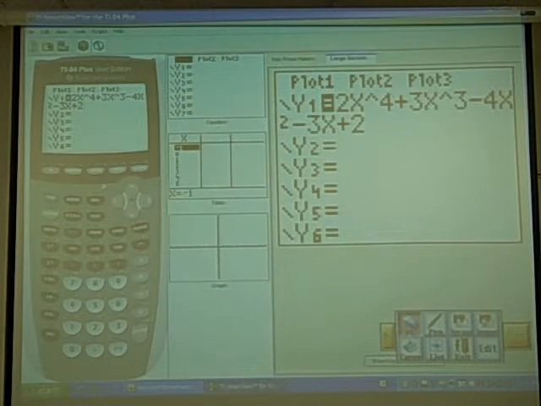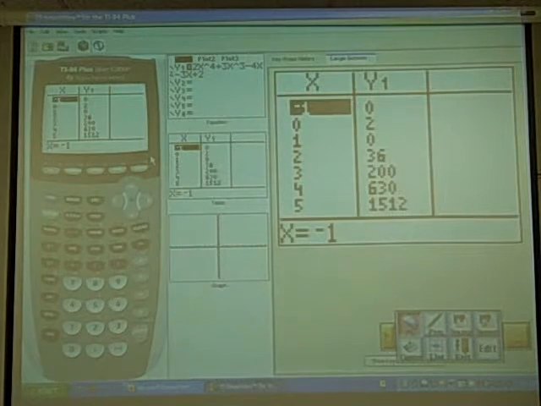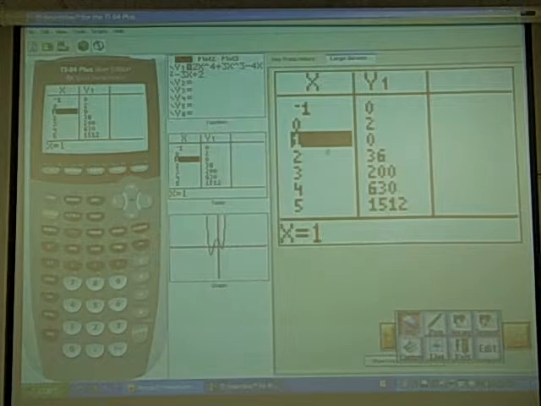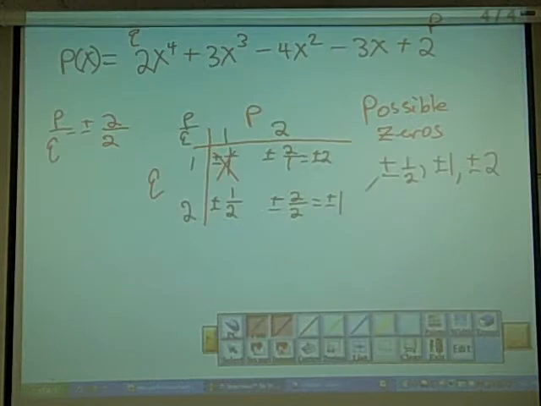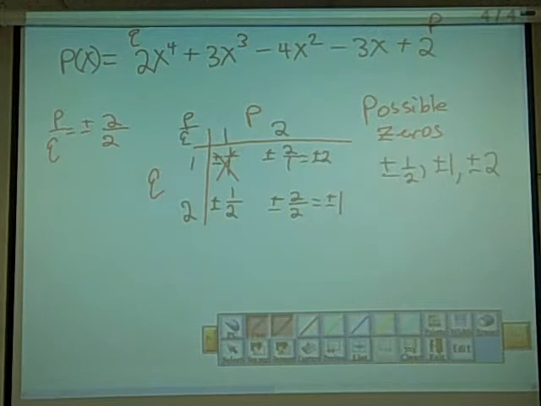And so now we go to our second table, and we're looking for 1, plus or minus 1, or plus or minus 2. Well, here's a 1 and a 0. Okay? So we can use 1. So we'll start with that. So here we go.